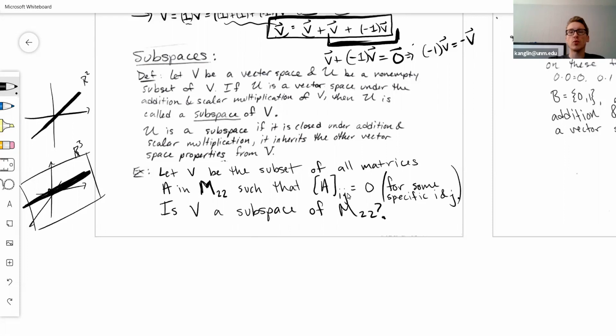That would say that we're talking about the set of all matrices such that the first row, second column is a 0 entry in matrix A. All matrices of that form with a 0 in the first row, second column would be in that set I'm describing. But it turns out it doesn't matter what i and j you look at, you're going to get the same answer here if you ask the question, is V a subspace of M22?